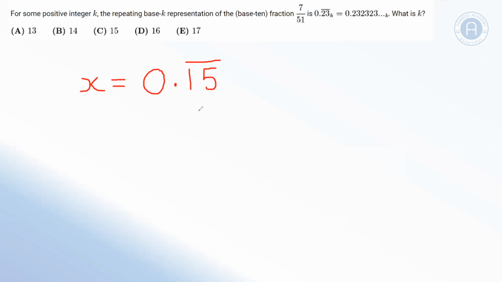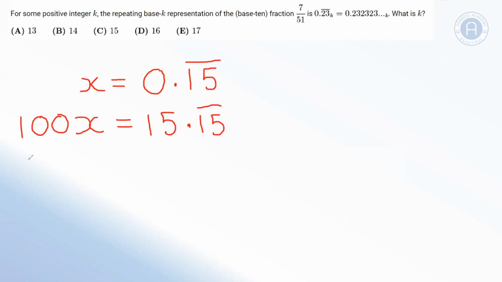We have 2 repeating terms here. If I multiply by 100, we move that forward 2 places in our place value, which becomes 15.15 repeating. It's still 15 repeating because that's repeating forever, no matter what we do.